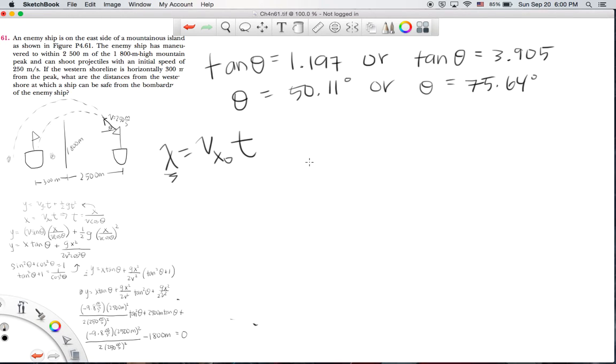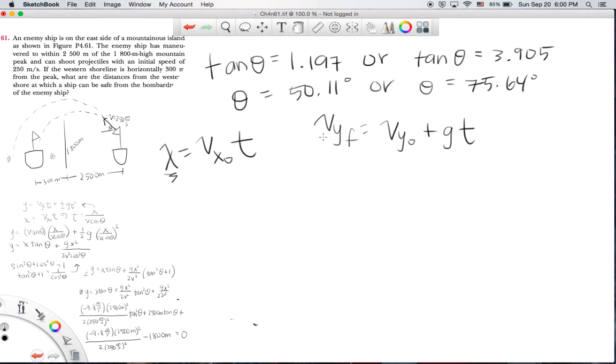So to find t, we have to use the kinematics in the y direction. So we can use the kinematic v_y final equals v_y initial plus gt.